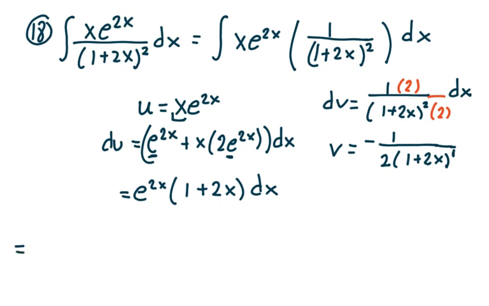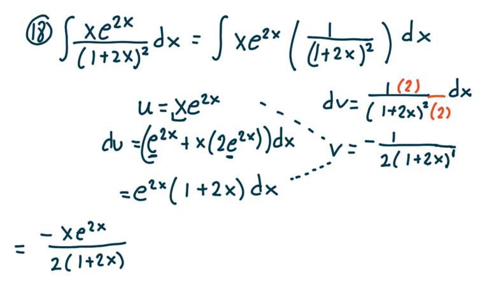And so this is uv, which is negative x e to the 2x divided by 2 times 1 plus 2x, right? Minus the integral of v du.